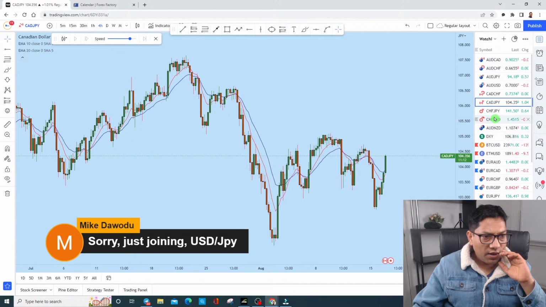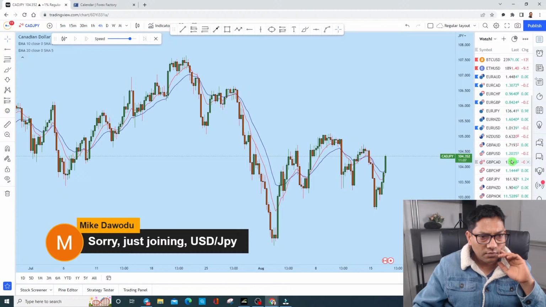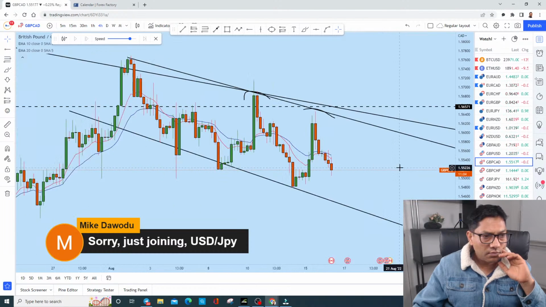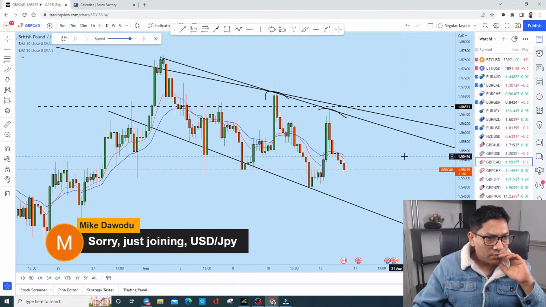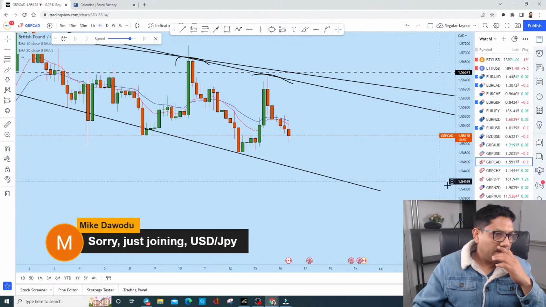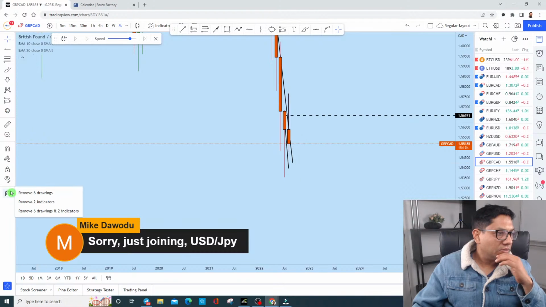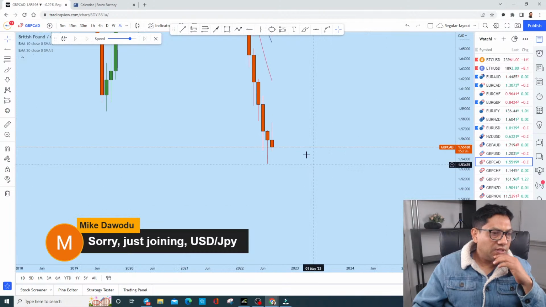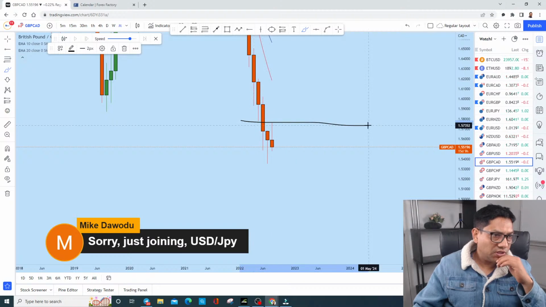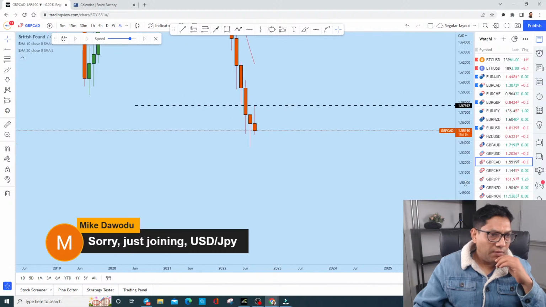CAD JPY. Okay, so the GBP CAD is highly bearish now. If you look at the monthly on GBP CAD, you see that there is a monthly liquidity gap, and then from this resistance on the monthly perspective, GBP CAD bounced.